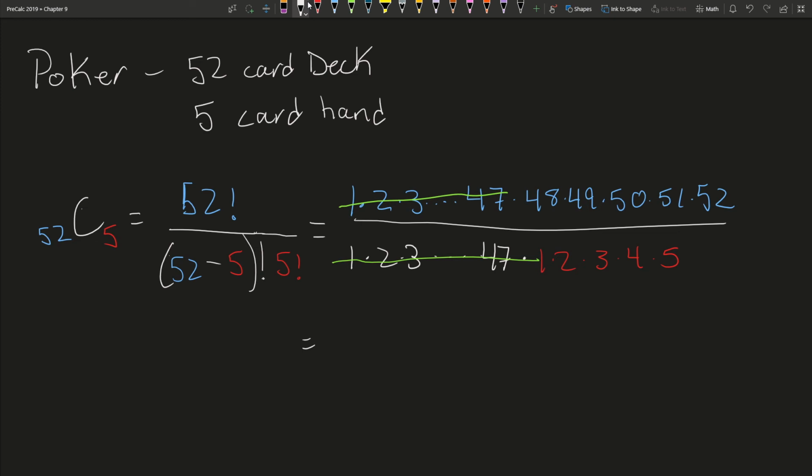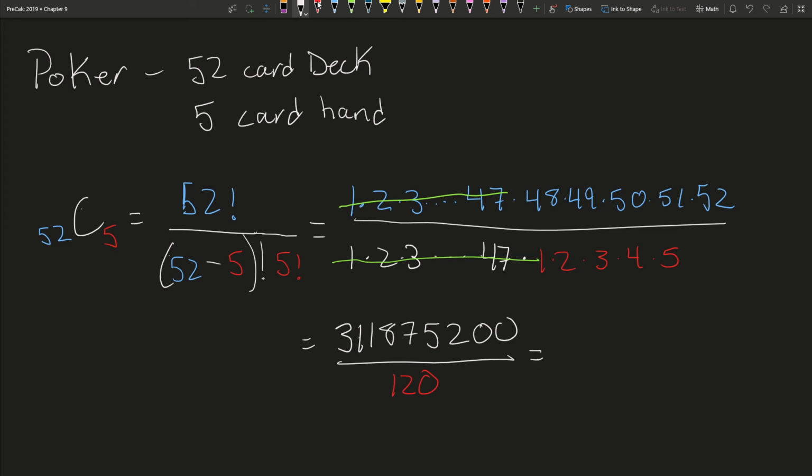Which is equal to this really big number over 5 factorial, which is 120.